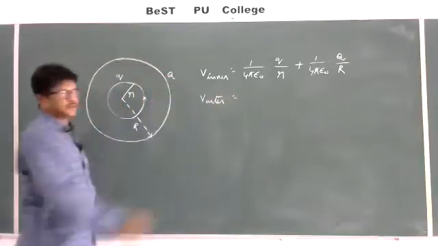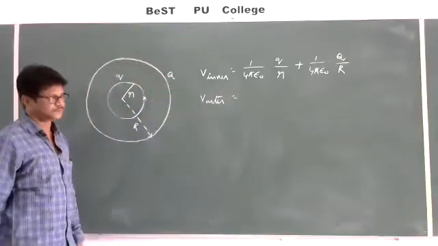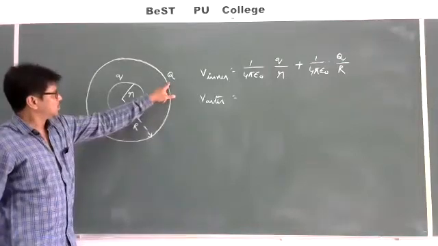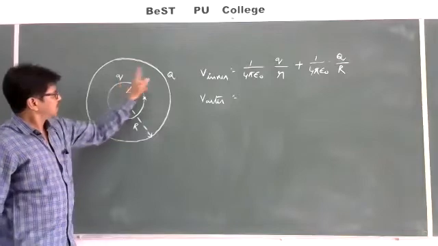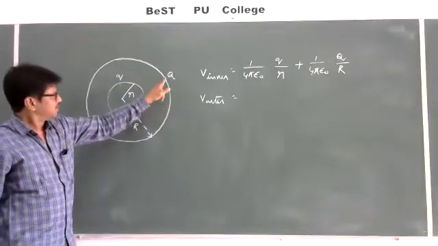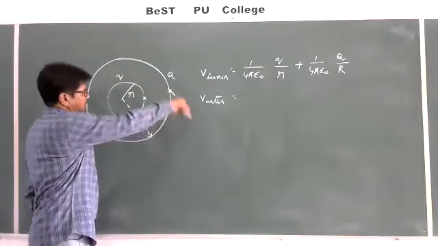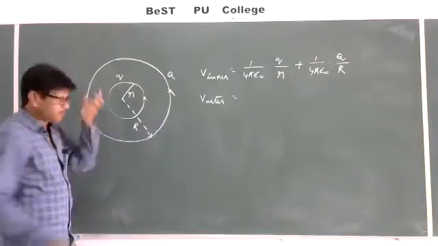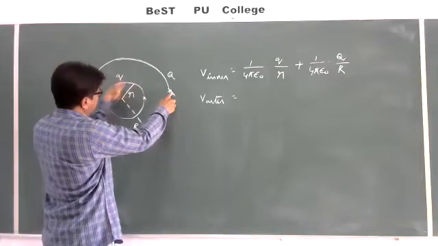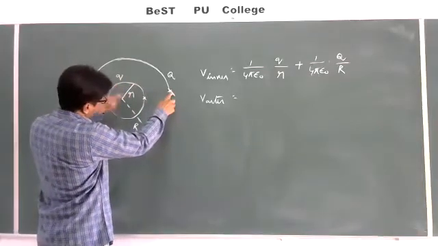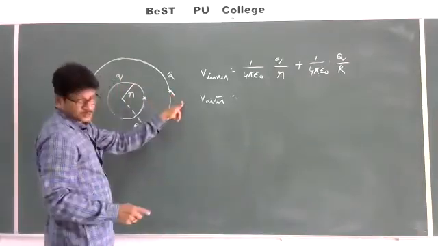Okay. Now I would like to find the potential on the outer surface. Here also two potentials will be there. One is because of this charge and one is because of this charge. But if I take a point here, that point is outside of the inner sphere.